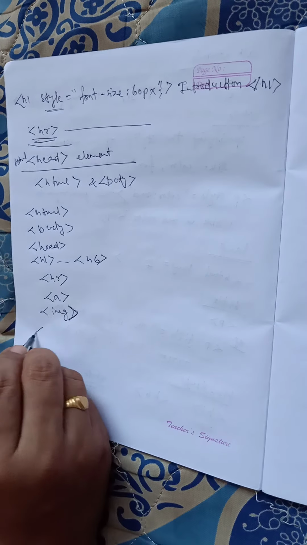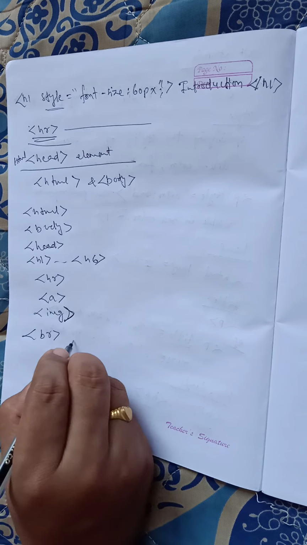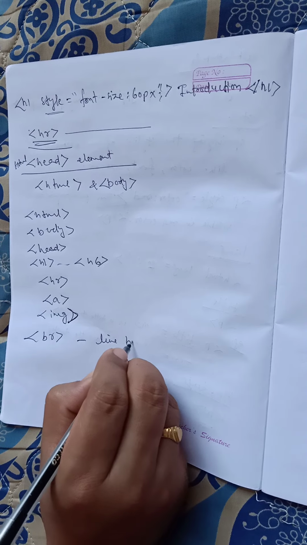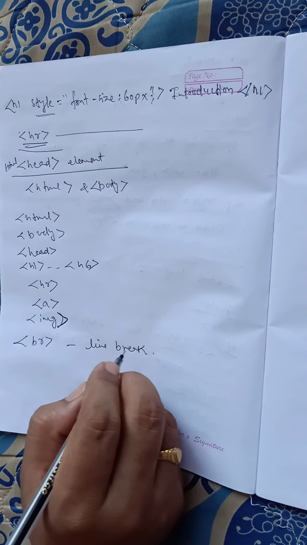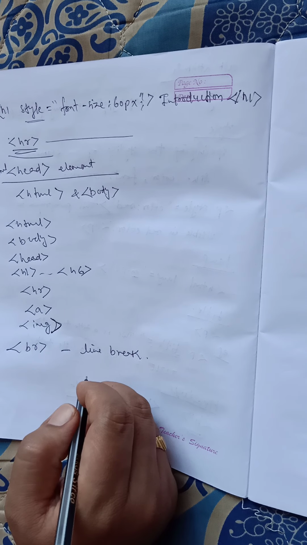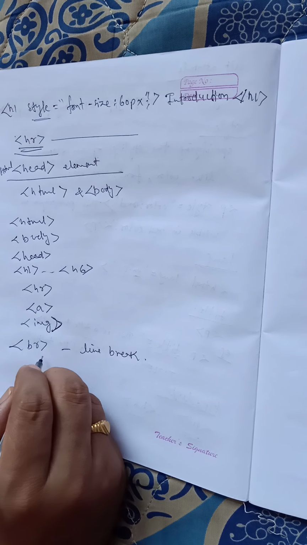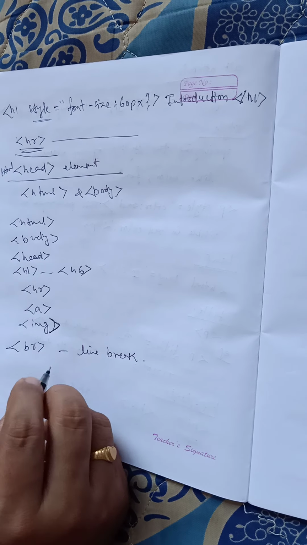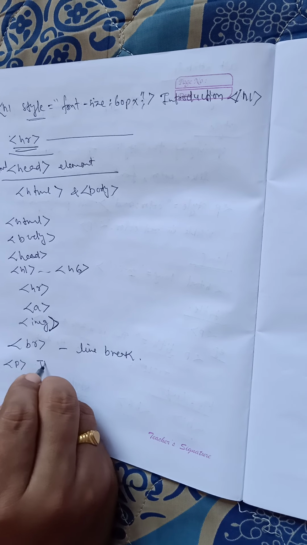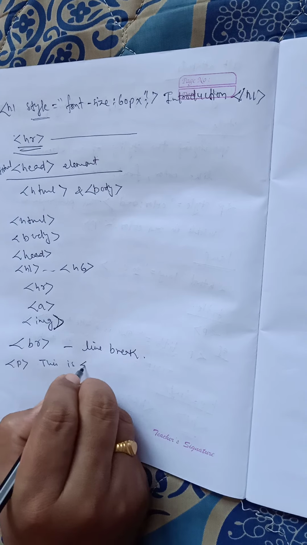Another one is our BR tag. BR defines a line break. Whenever you want a new line without starting a new paragraph, then BR is used. For example, I can write P, then this is a paragraph.